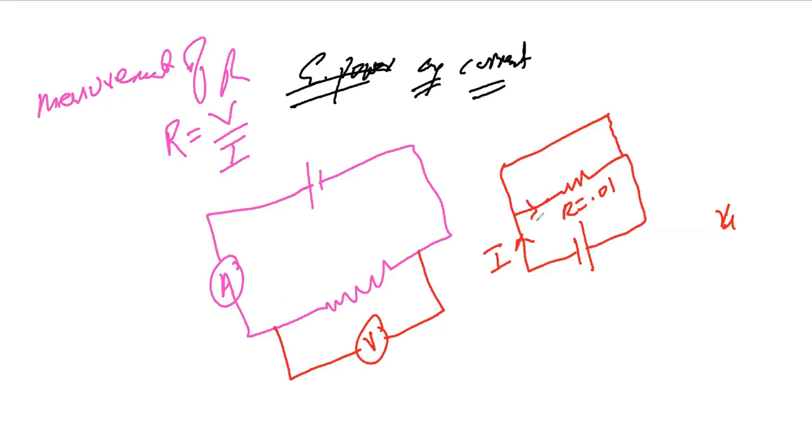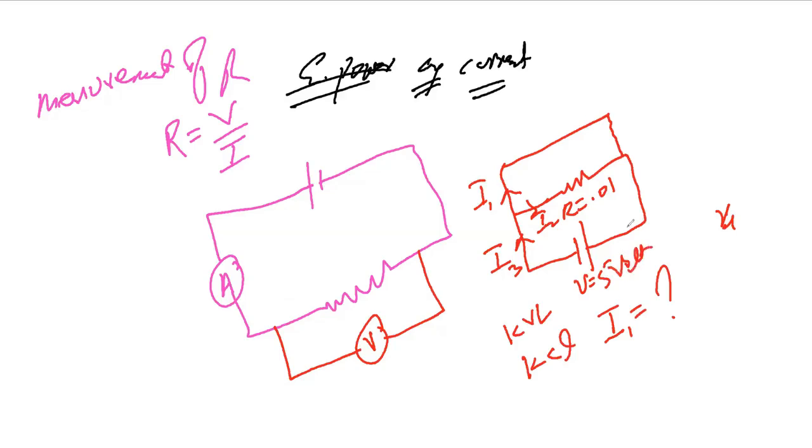You also studied Kirchhoff's rules, KVL and KCL, so I1 and I2. What will be the value of I1? The voltage is 5 volt.